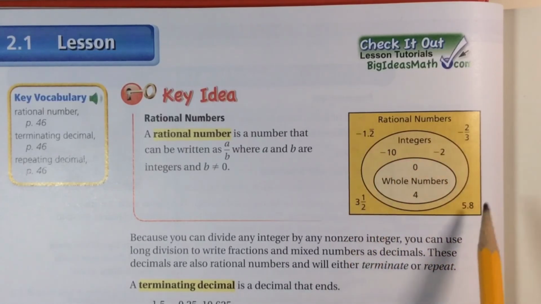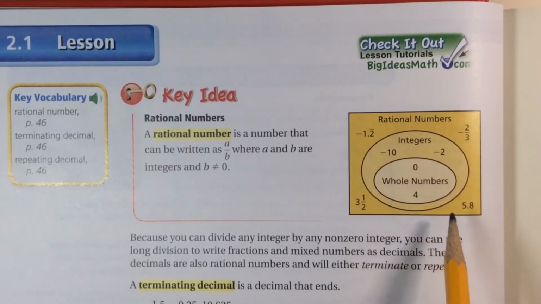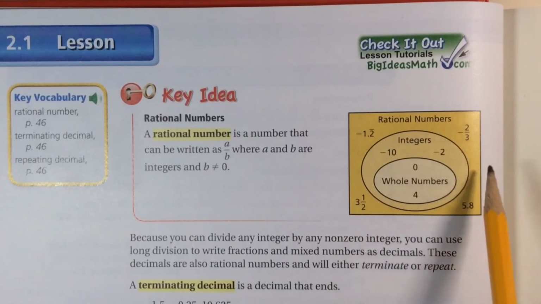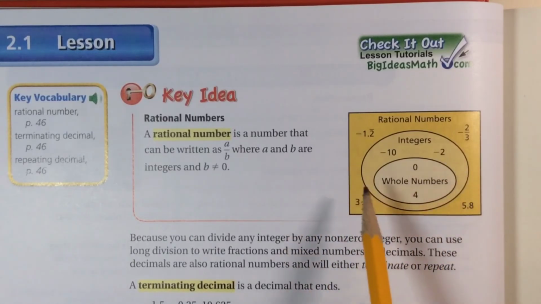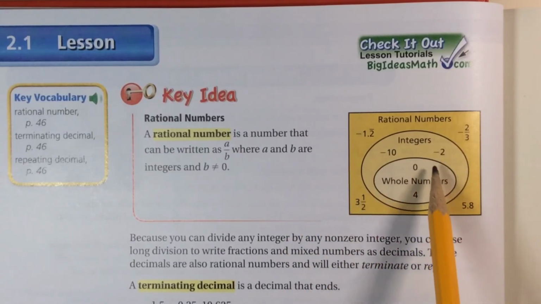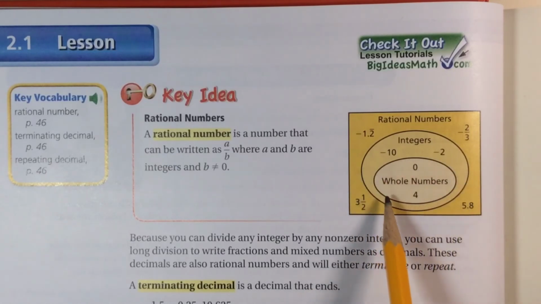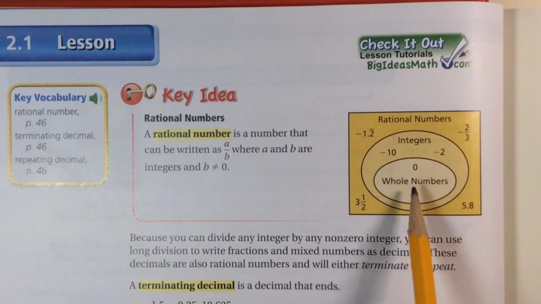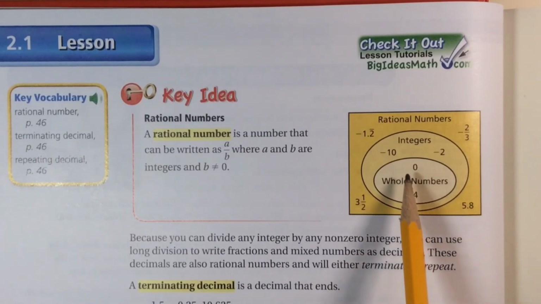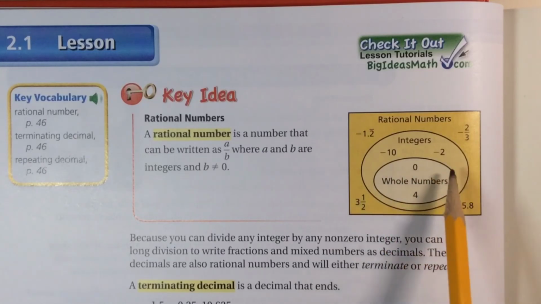I love this thing right here. It's kind of like a Venn diagram, although there are no overlapping circles. But whole numbers, we talked about whole numbers are 0, 1, 2, 3, 4, 5, 6, 7, and it goes on, but there would just be the 0 and the natural numbers. So all the numbers that you first learned.